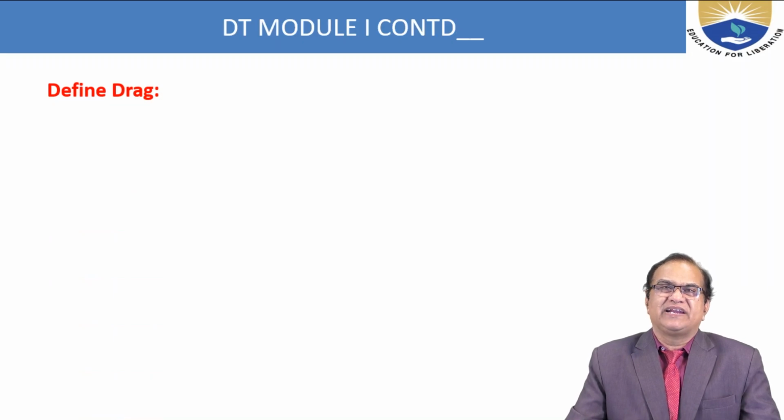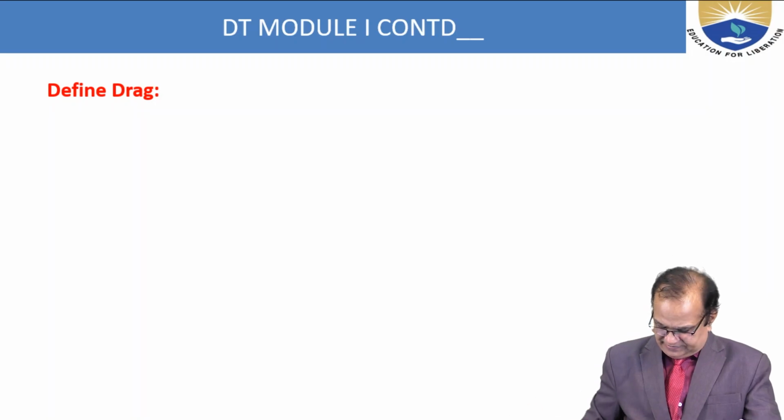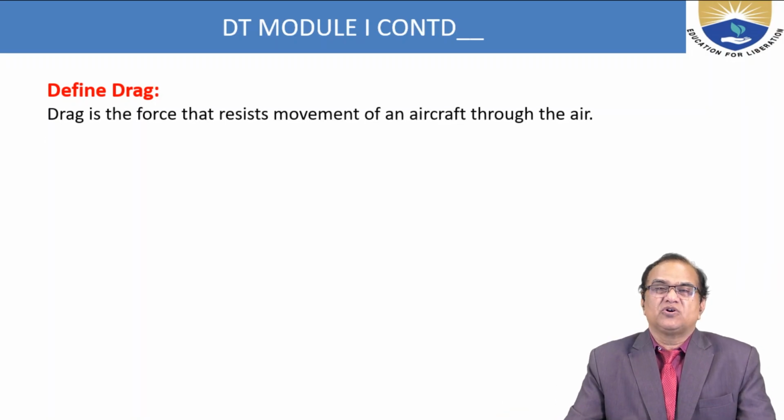Now we will discuss drag. These two forces, lift and drag, are both aerodynamic forces. These forces act on the aircraft and always act at the center of pressure, or we can say the aerodynamic center. Drag is the force that resists the movement of an aircraft through the air.